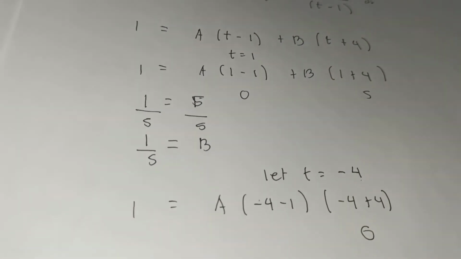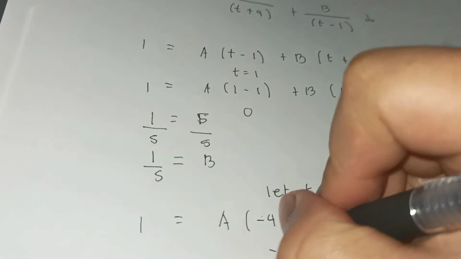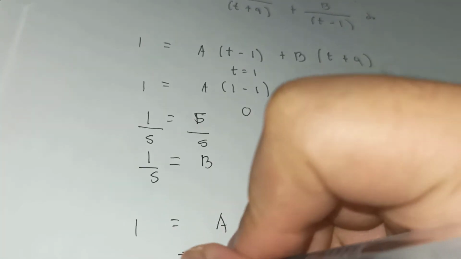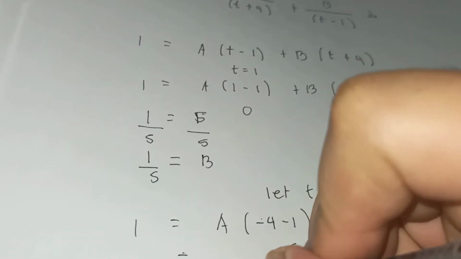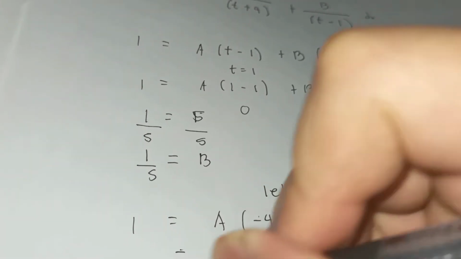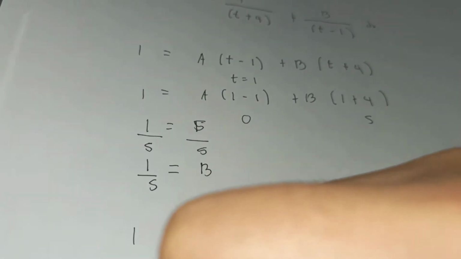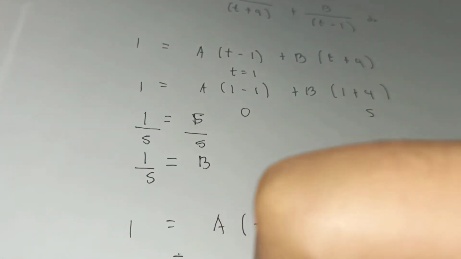Negative 4 minus 1 will become negative 5. Then 1 equals A times negative 5, divided by itself, negative 5, making our answer A equals negative 1 over 5.